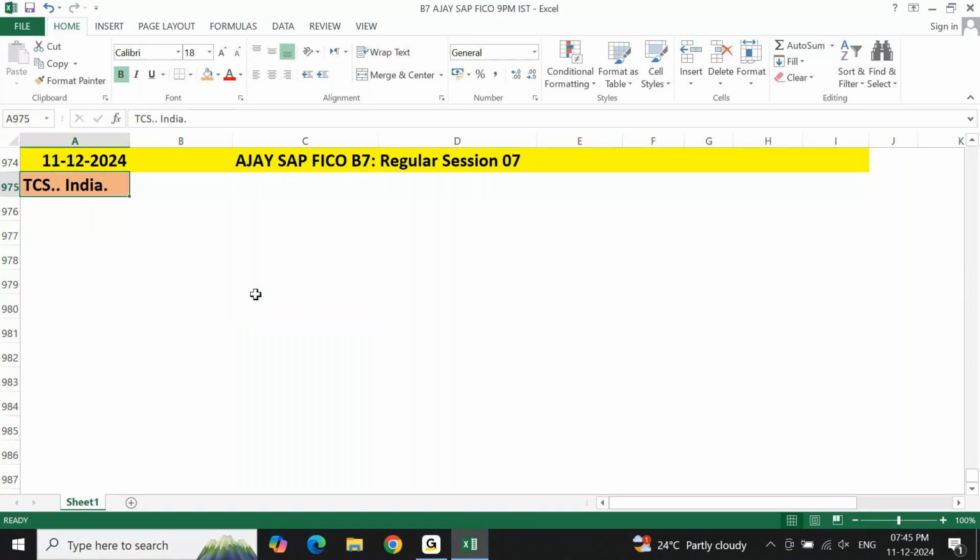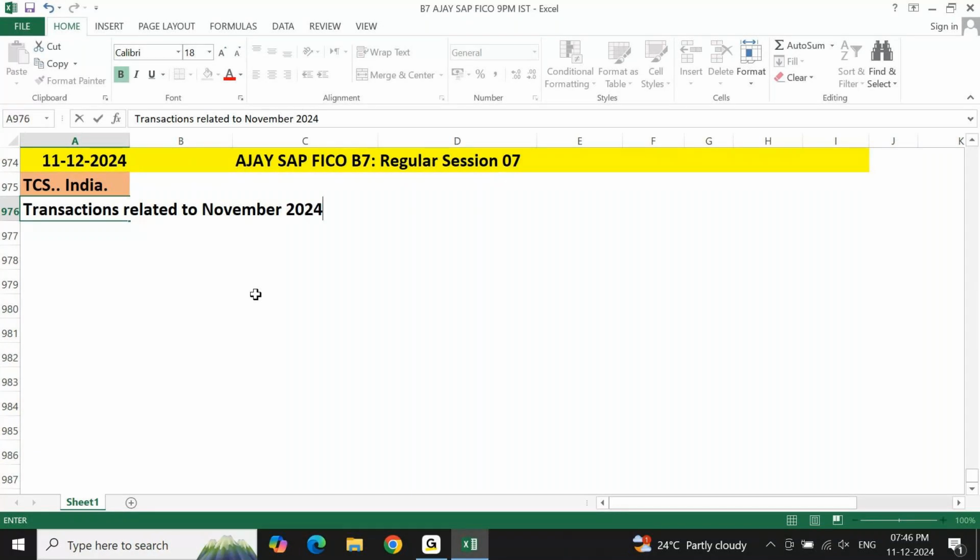Assuming there are certain transactions which TCS had processed, let's say transactions related to last month, let's say November 2024.